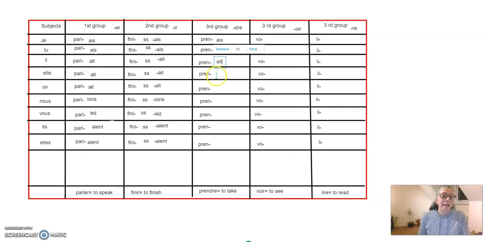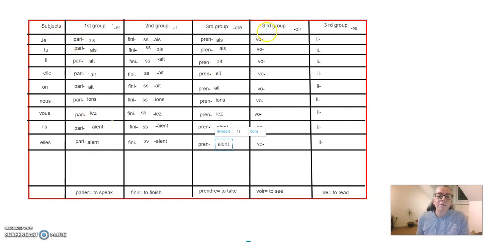So AIS, AIS, then AIT for il, AIT for on, IONS for nous, IEZ for vous, then ils AIENT, and elles AIENT. So this was as simple as it gets. You remove the mark of the infinitive, the DRE, and then you add the imperfect endings, which is very similar to the pattern from the first group.